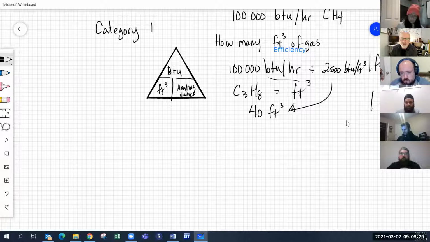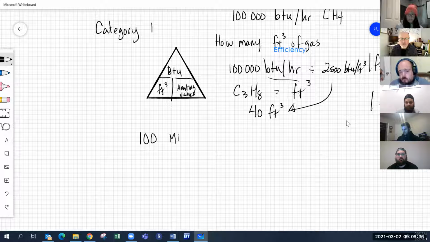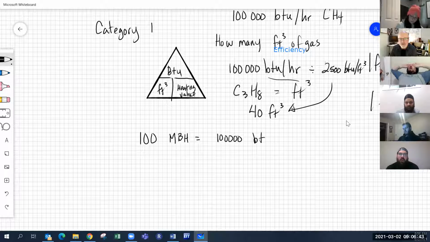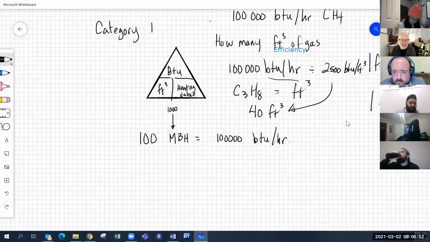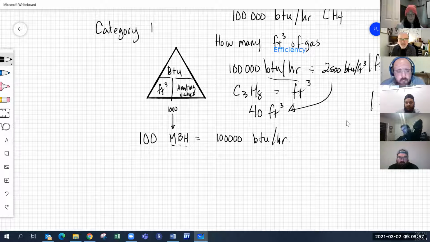Now, what we also do is we shorten the 100,000 and we call it MBH. That is 100,000 BTUs per hour. The M here indicates 1,000. So anytime you see 100 MBH, it is equal to 100,000 BTUs per hour.